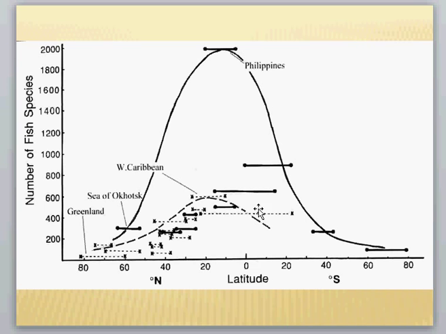More temperate ecosystems like Greenland, for instance, range over quite a large range of latitude but have very few species. So the more temperate ecosystems out here on the arms of this bell-shaped curve will tend to have lower biodiversity of fish species than the tropical ecosystems. Okay? Make sense?